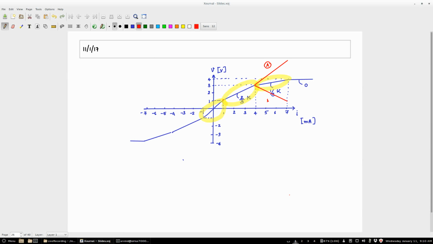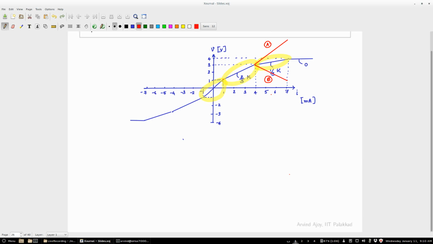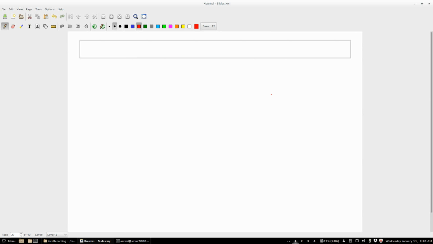Is it possible to have the resistance negative? That is, I want that in a particular segment. Is that possible, using whatever we have so far? Okay. So that's the second point which you will think about. I may discuss this in class, but just think, right?